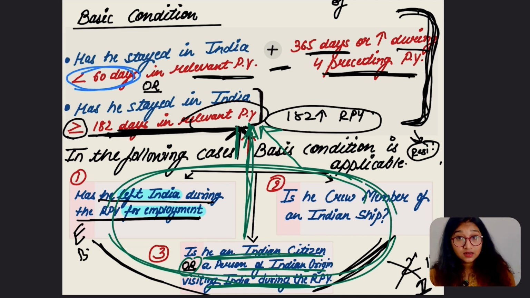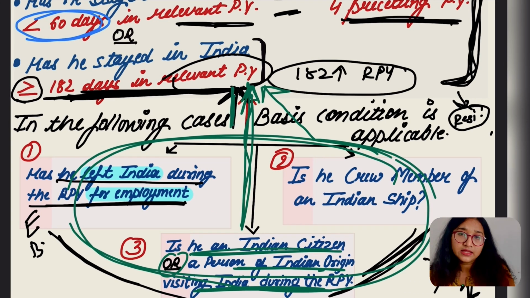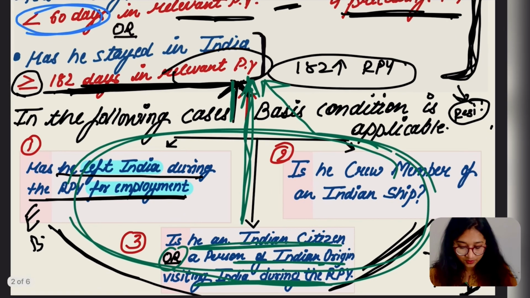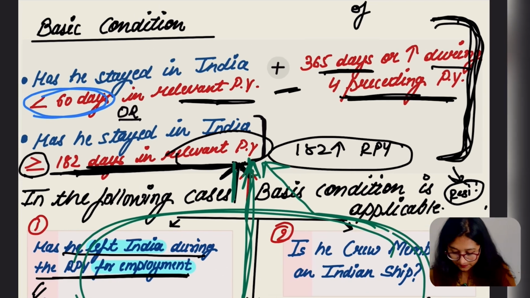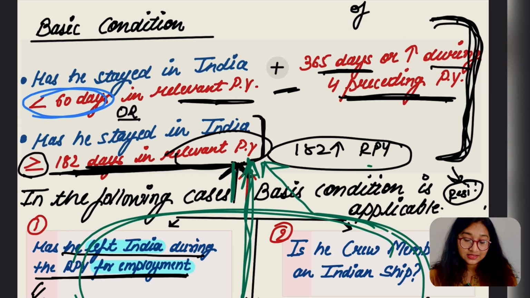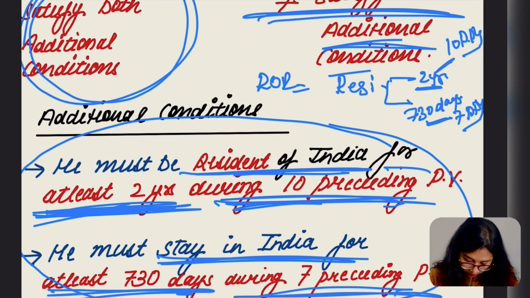They are: if the person left India during the relevant previous year for either employment purpose or business purpose; second, a crew member of the Indian ship; and third, an Indian citizen or person of Indian origin. For these 3 cases, we take only one basic condition, which is more than 182 days in the relevant previous year. Hope this part was clear to you.